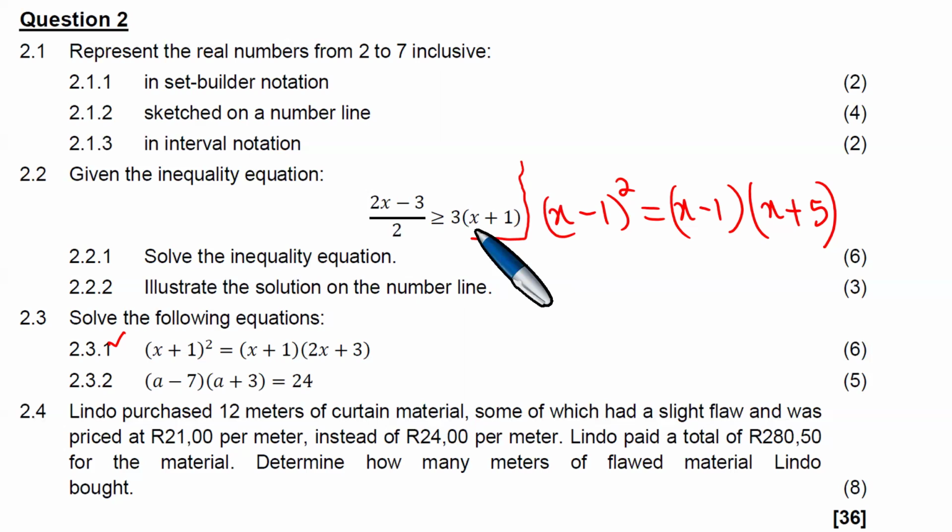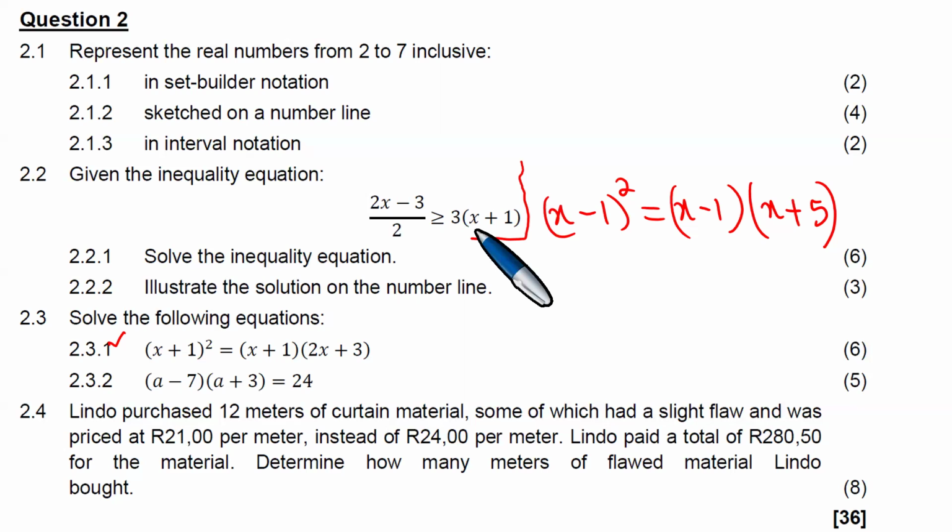So I just want to see what we're going to do, because I just modified the 2.3.1. You continue with your, I think, 2x equals. Have you solved it?